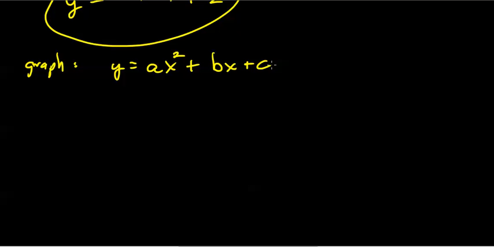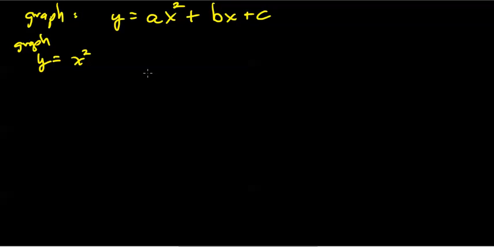Alright, well, let's start out with the simplest possible degree 2 function: y equals x squared. If I ask you to graph this quadratic function, it's a quadratic with a equals 1 and b and c both equal to 0. Now let's make a table of values, and hopefully I'll pick some nice representative values.